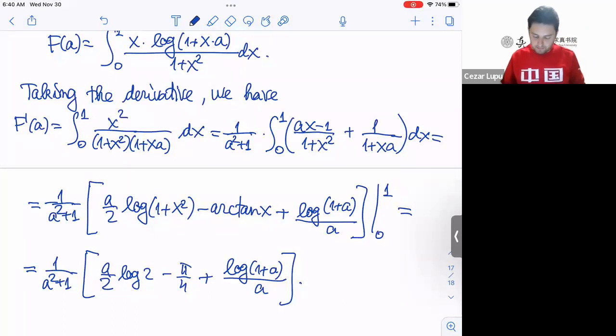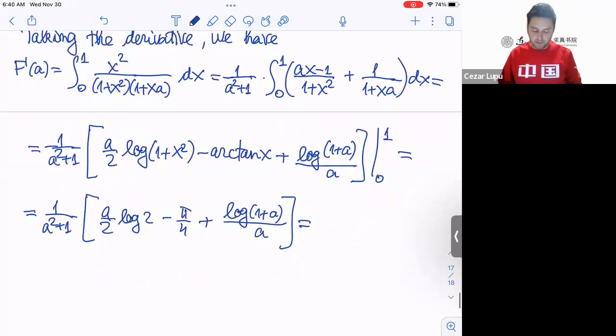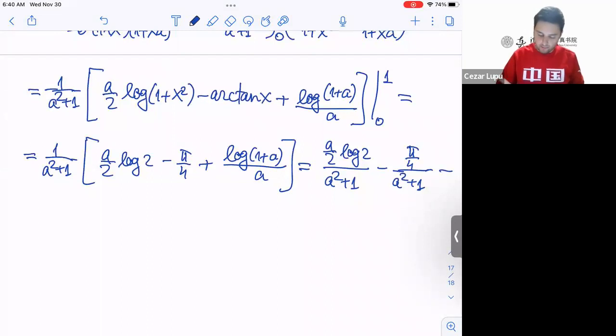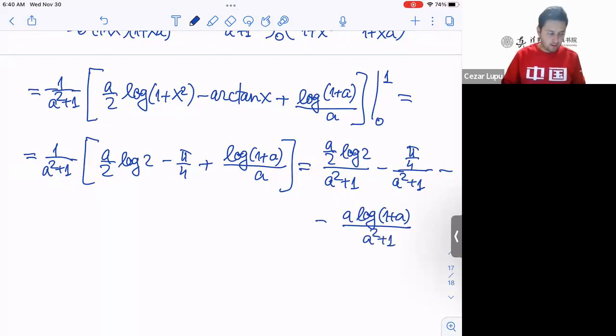Or if we put everything together and do the computations, if we FOIL this, this would give us a over 2 log 2 over a squared plus 1, minus pi over 4 over a squared plus 1, and the last one would be minus a log of 1 plus a, everything over a squared plus 1. Wow, look at that.